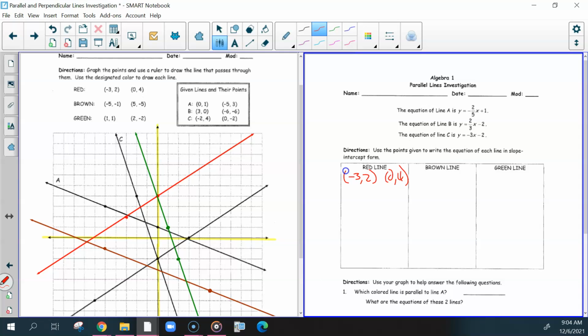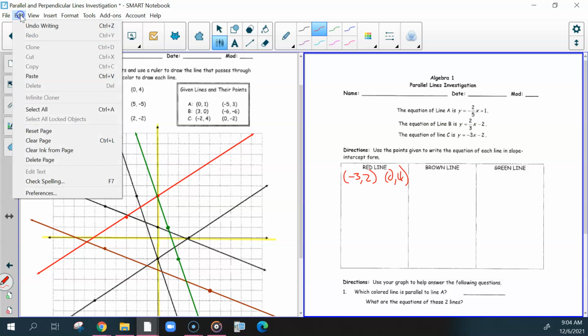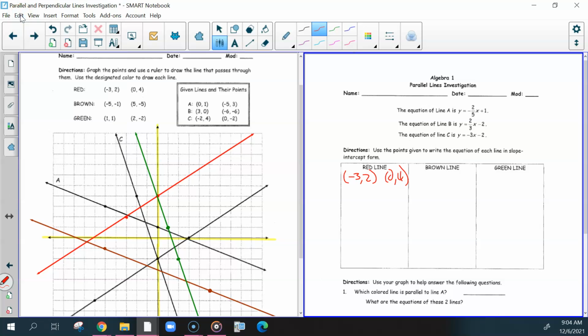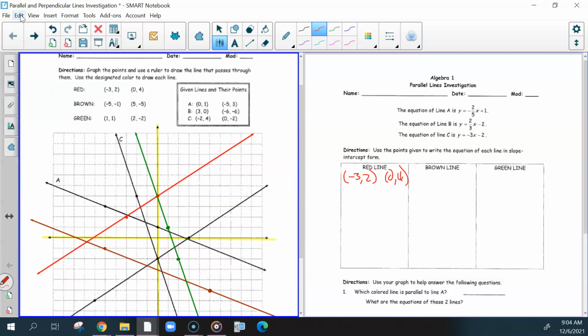Now if I look at the 2 points I plotted, I can count the slope of that. What is that slope? And I can make this bigger if not. You can count it on yours. It should be the same. Should be positive. 2/3 should be your slope.